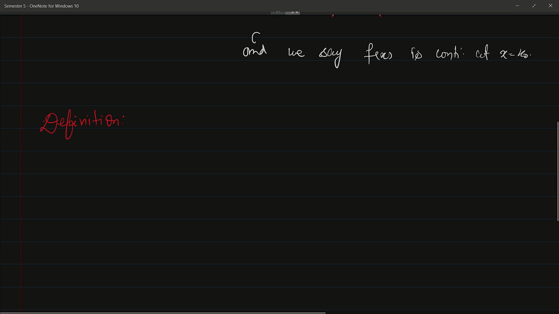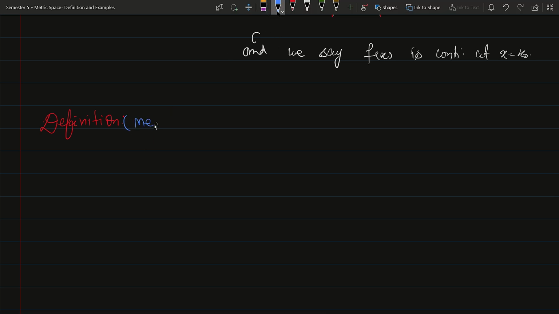Definition, and this defines metric space.